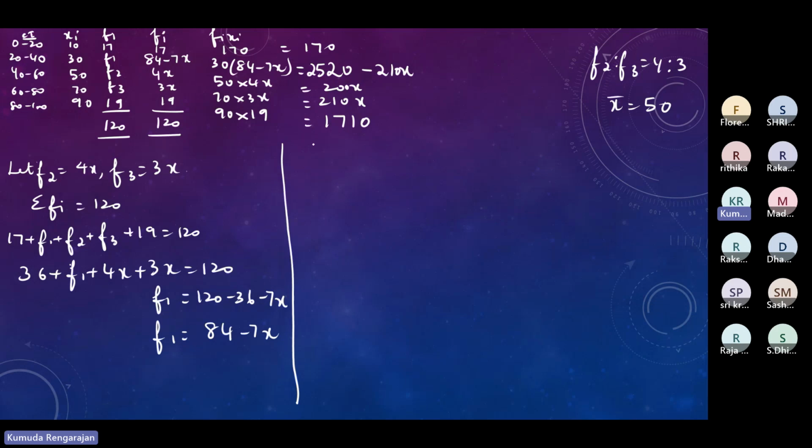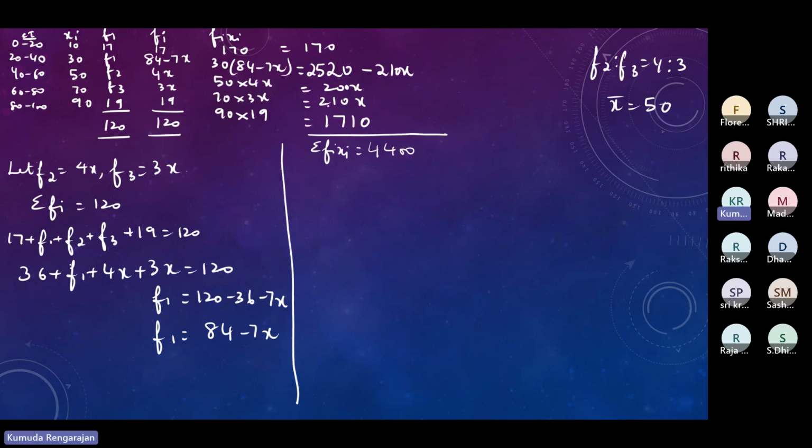170 plus 2520 plus 1710, sigma Fi xi will be? Use the calculator. It's 4,400, Rakshita?